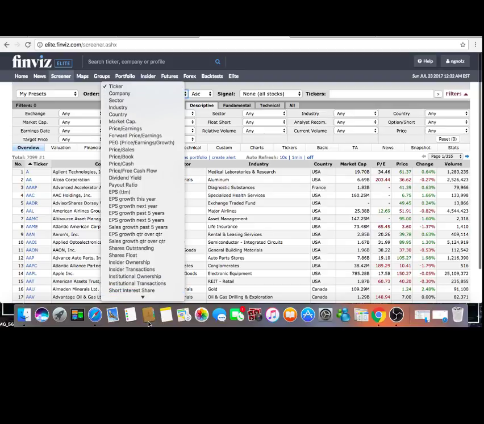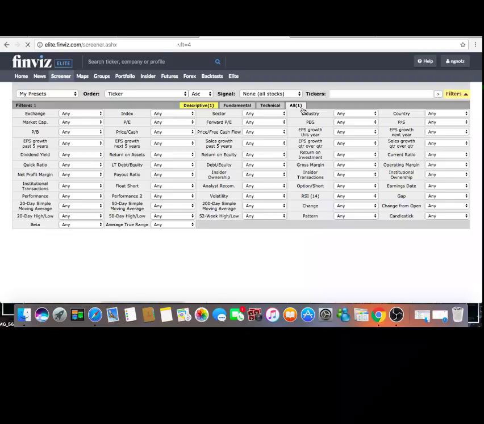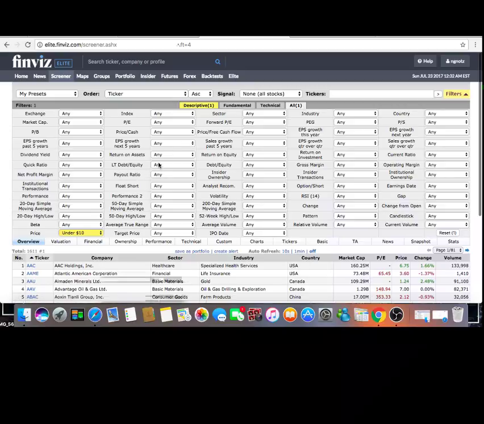Let's see. So I'm just going to put the price under 10. Open this up. Market cap under 300 mil.